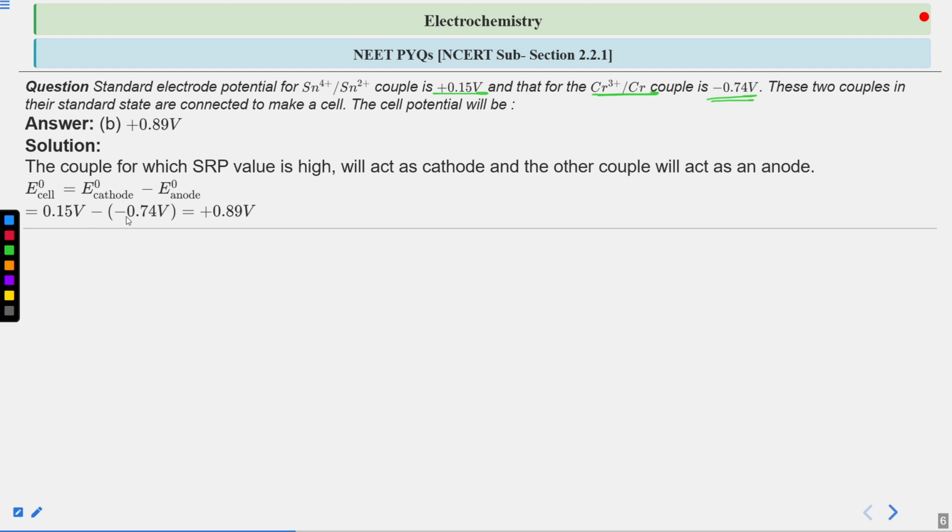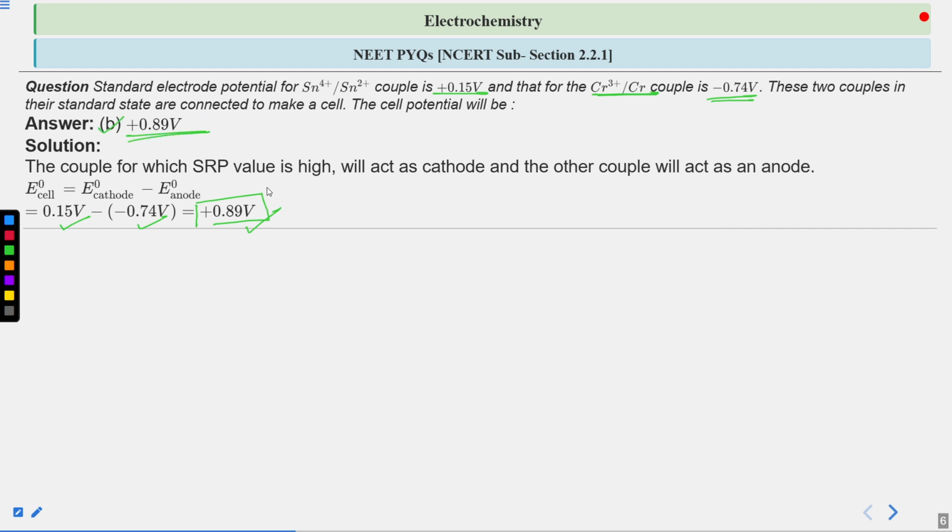Minus multiplied by minus becomes plus, so these two quantities add up, and the final cell potential comes out as 0.89 volt, positive. Hence the correct answer is option B, that is 0.89 volt.